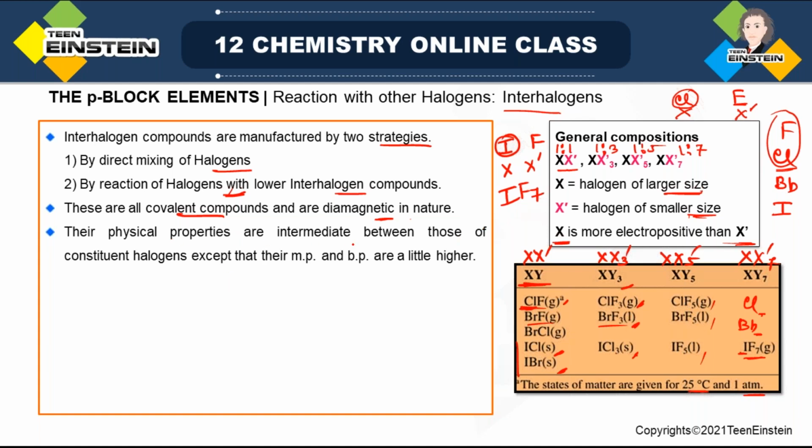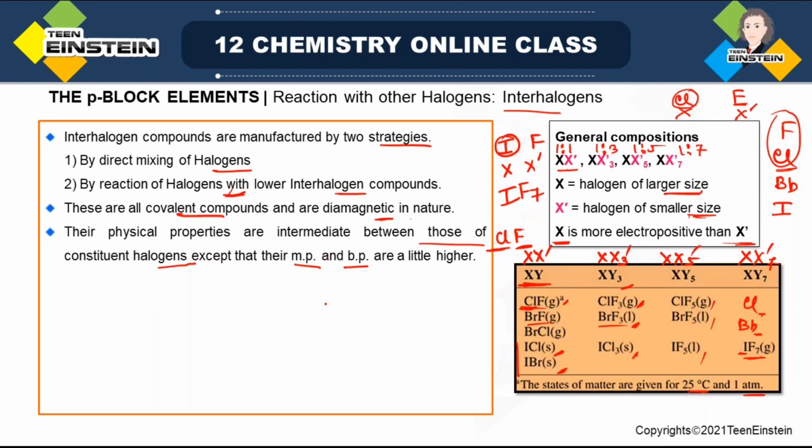Physical properties are intermediate between those of the constituent halogens, except mp and bp. Now it means that if the interhalogen is, suppose, ClF, the constituent elements are chlorine and fluorine.